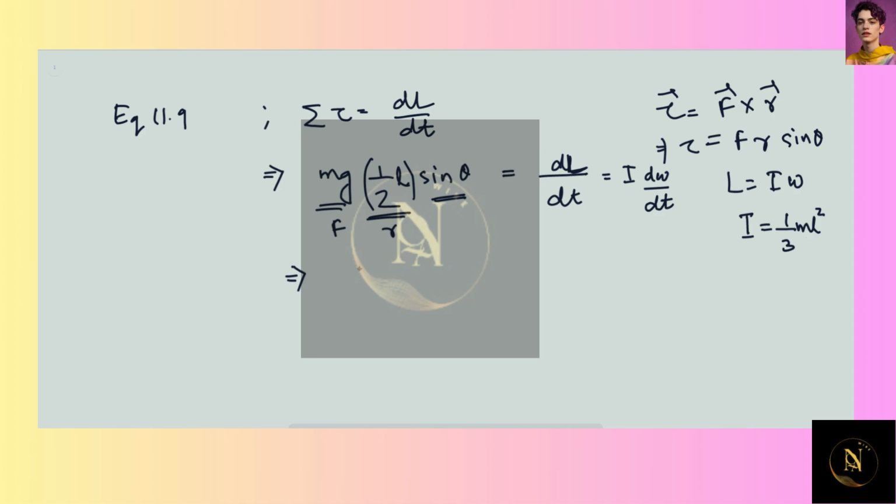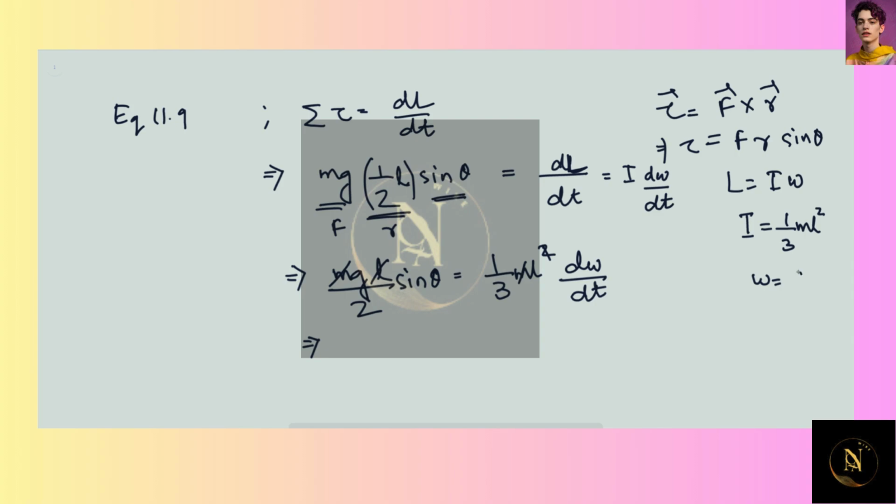Now we can write the resultant equation. This is equal to 1 over 3 mL squared times d omega over dt. Some of the terms cancel here: m cancels, and one of the L cancels out.